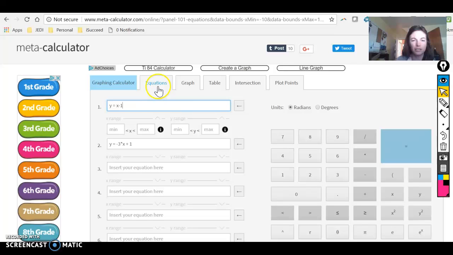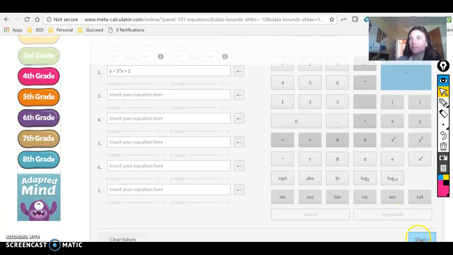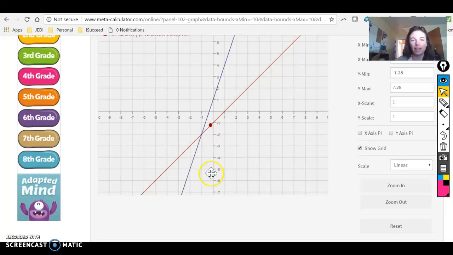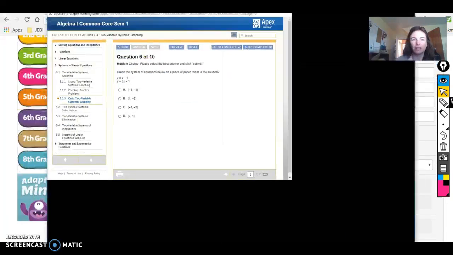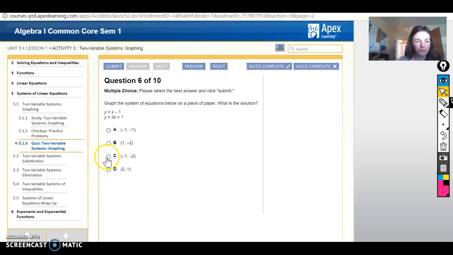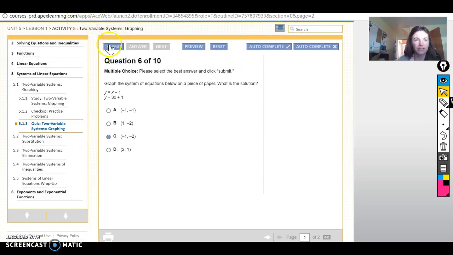What did I do? Equations. 3x minus 1, not negative 3x minus 1, or 3x plus 1. There we go. That looks much better. So I'm down here at x equals negative 1 and y equals negative 2. And fortunately, that is one of my answer choices.